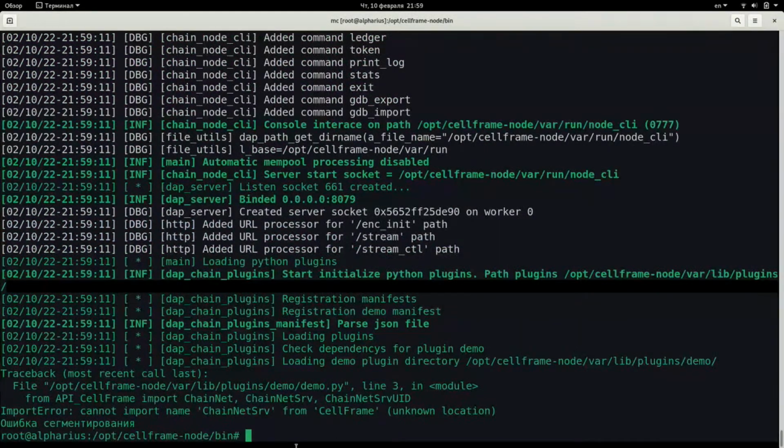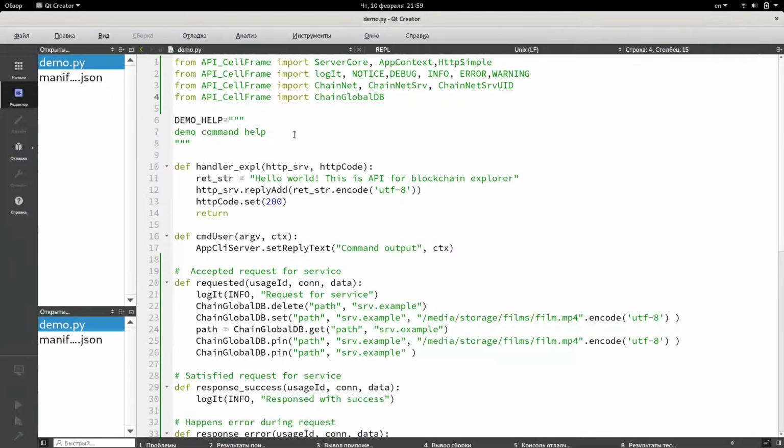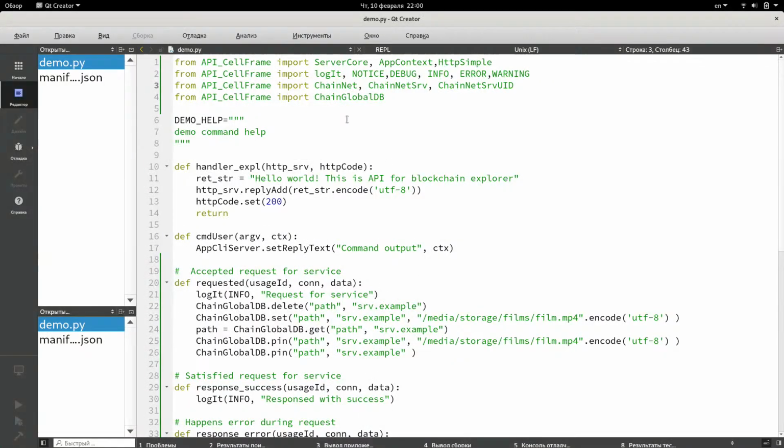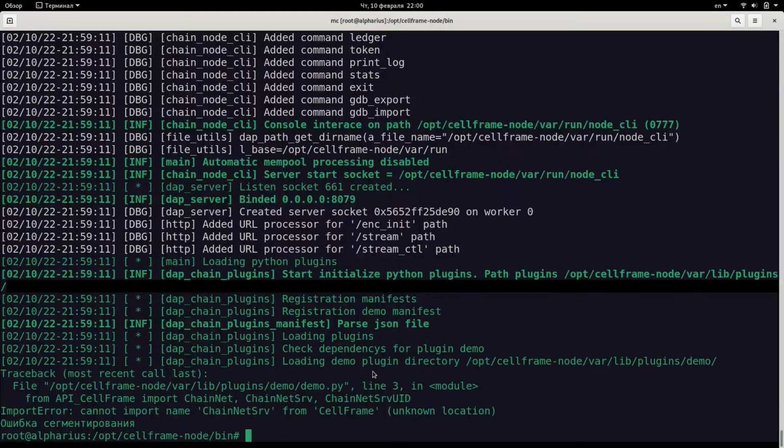So on chainnet SRV, I can find chainnet SRV. Why? Can't import from Cellframe.